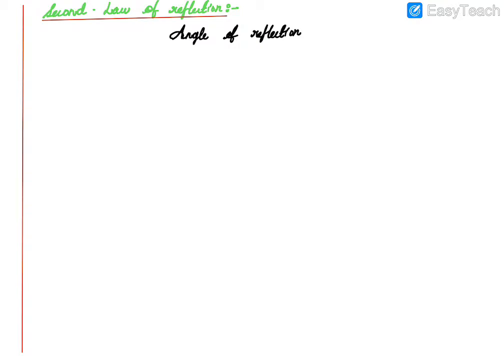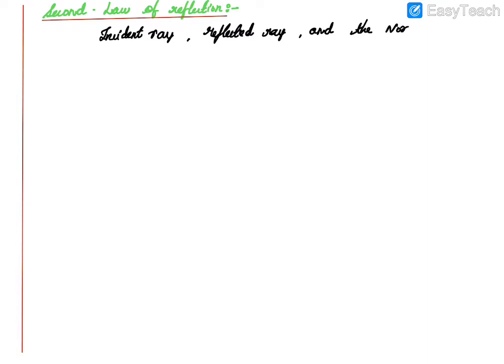Instead of angle of reflection we can take reflected ray, that will be better. So the incident ray, reflected ray, and the normal line all are lying in the same plane. That you have to remember, all are lying in the same plane.